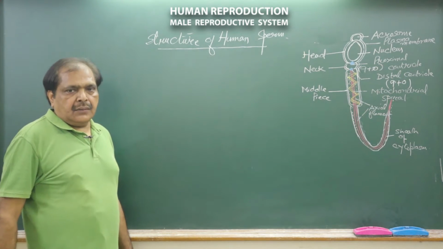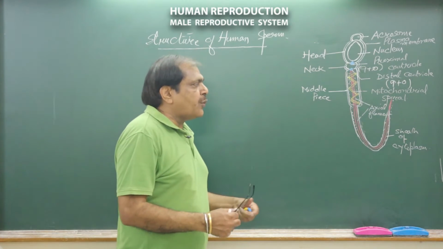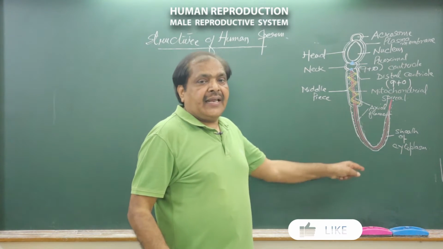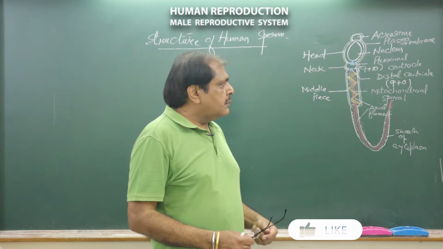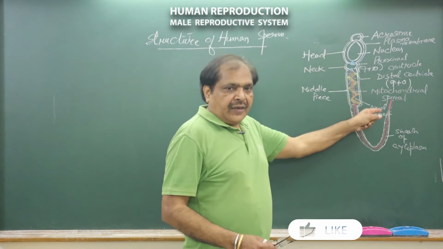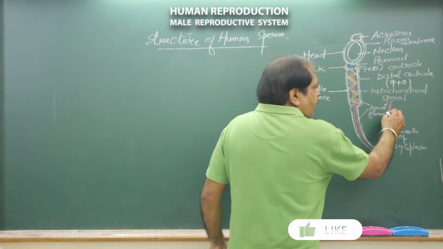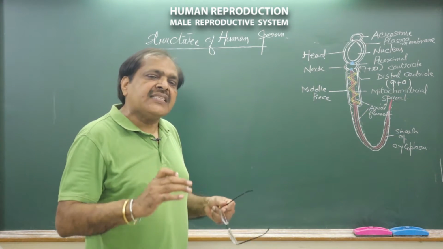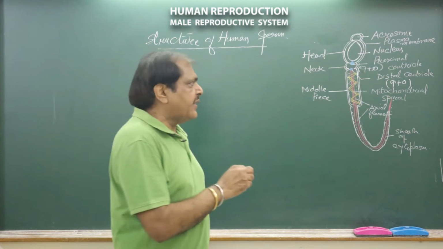Now remember, this sheath of cytoplasm or the plasma membrane does not cover the tail all over. It leaves at one end only the axial filament. The axial filament is naked at the end of the tail.